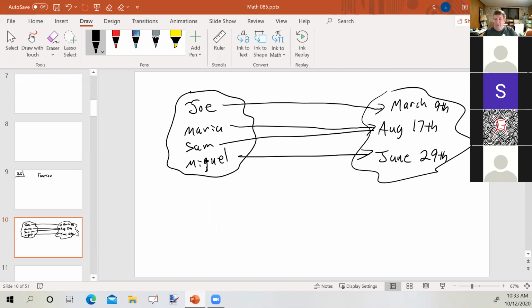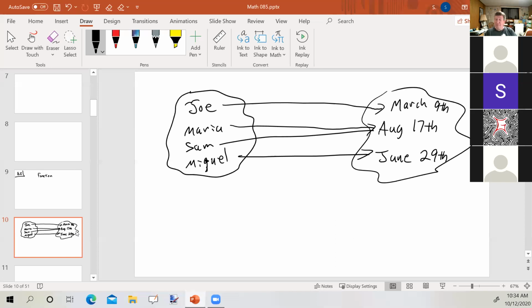Now, what can we notice about people and their birthdays? Well, each individual has exactly one birthday. You don't have Joe having 2 different birthdays, discounting religious experiences, of course, but each person has exactly one birthday.